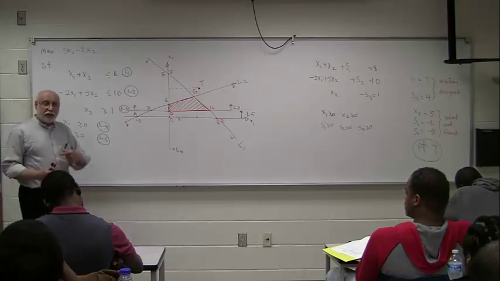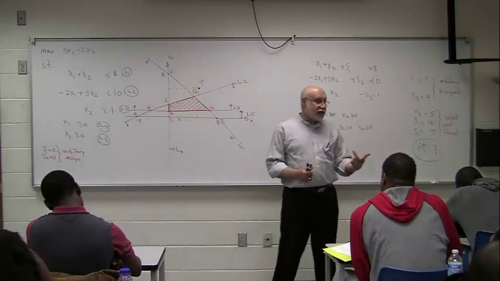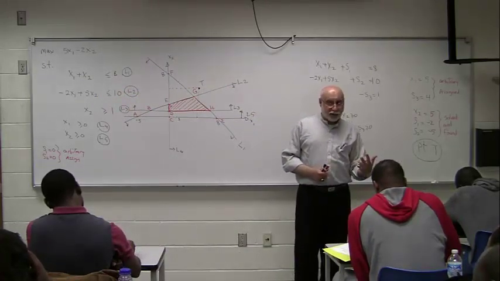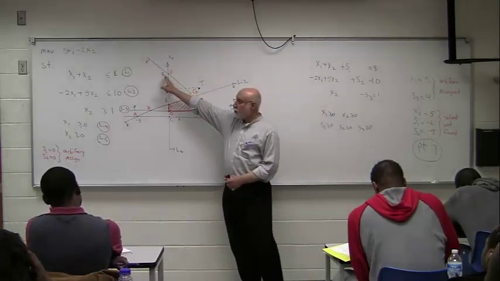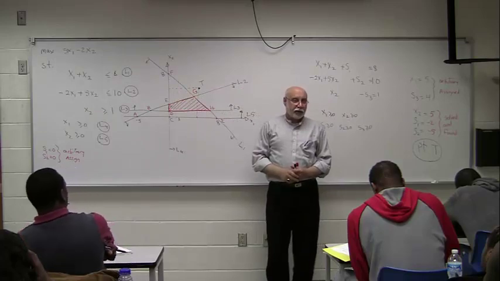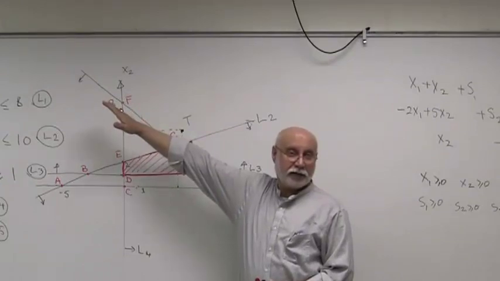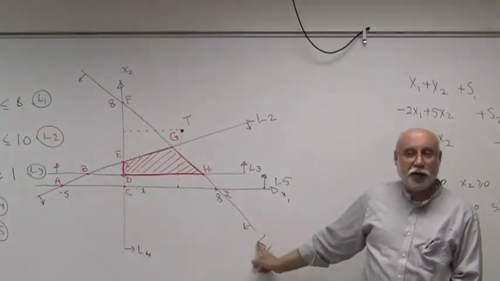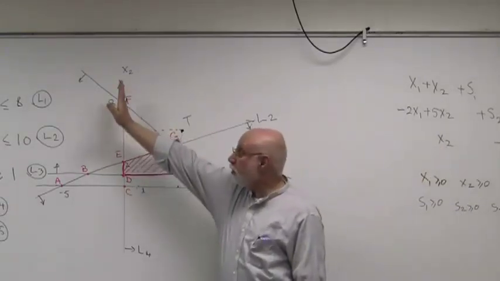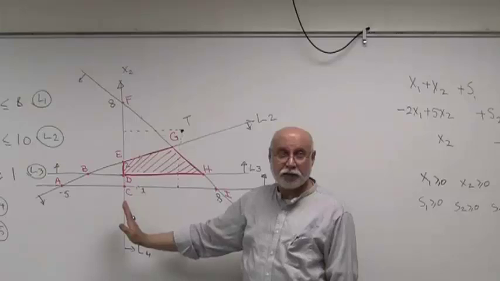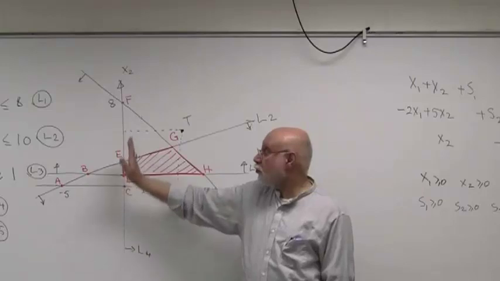The ones that you assign the values of 0 to are not always slack variables. They are sometimes the main variables as well. For example, at point F, which is on this line, L1, S1 is 0. At point F, which is on this line, x1 is 0.